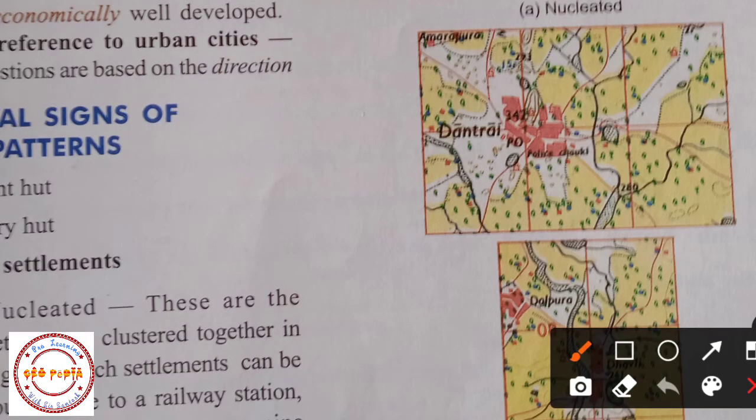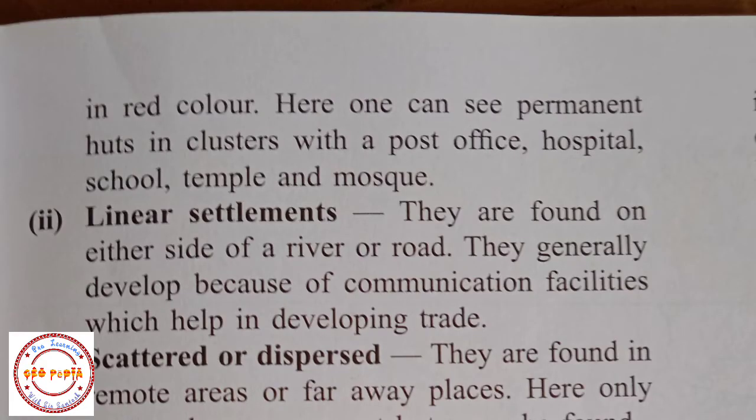Here, by this red color, you can see this region and this region, and some red patches are there. These red patches are the settlements, and these are nucleated settlements. Here one can see permanent huts in clusters with a post office and hospital. It means post office, hospital, school, temple and mosque.